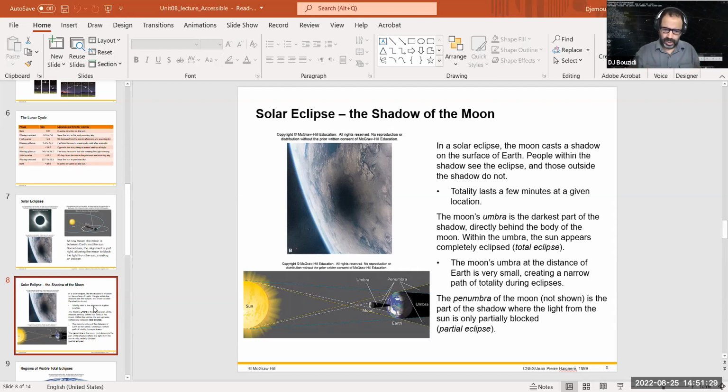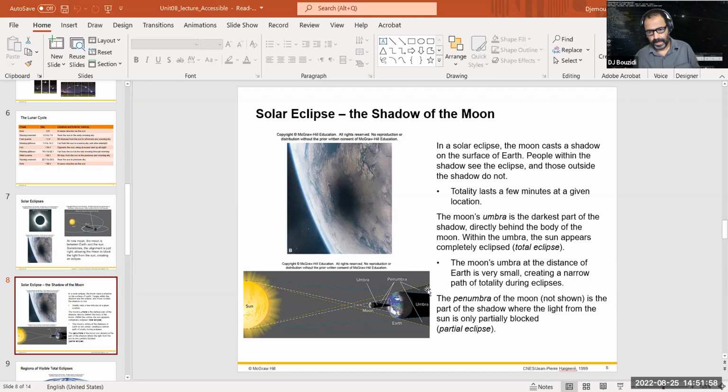Again, there is the actual shadow, which is called the umbra, and then there is the penumbra. So it goes through these two paths, which are the rays crossing in this case. Then it's going to lose some of its light, but not as much as you might suspect. So that's why it's not noticeable. Same thing for the sun. You could have a partial eclipse or a full eclipse, depending on where you are on Earth.